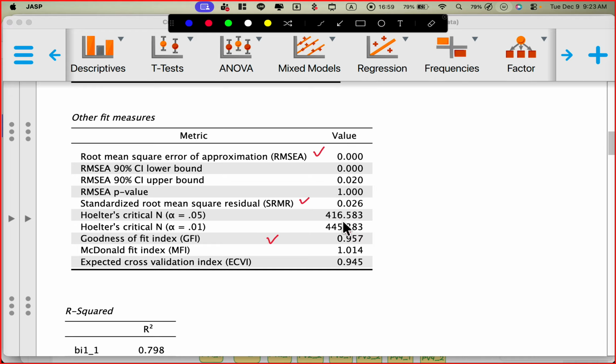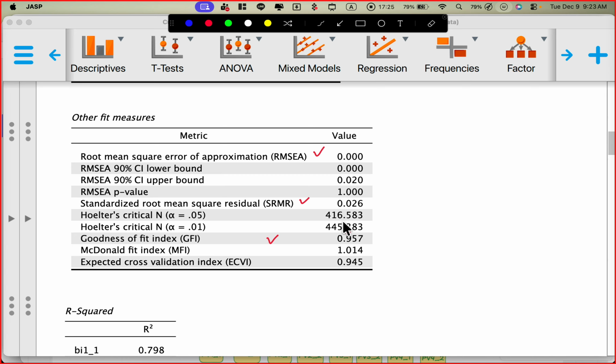We have lower and upper, two values. If the confidence interval does not include 0, it means significant.